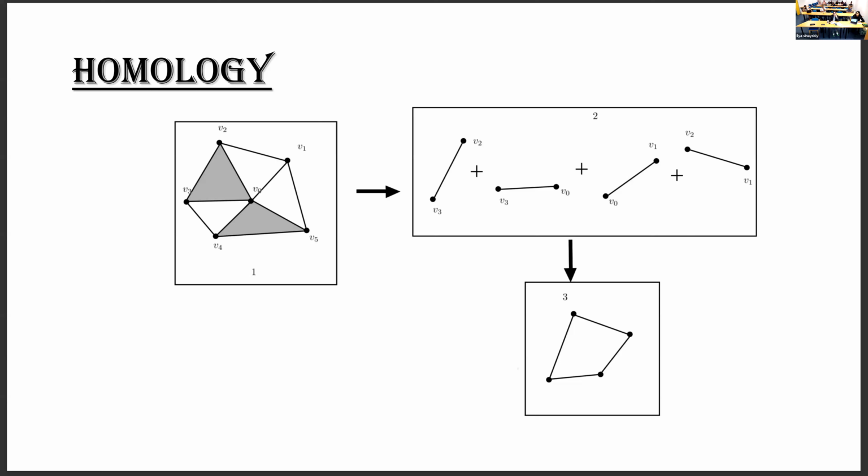In the first frame, we have a simplicial complex made up of triangles glued together. These edges are one-dimensional triangles, and these dots are zero-dimensional triangles. And we know that this is just a two-dimensional triangle.